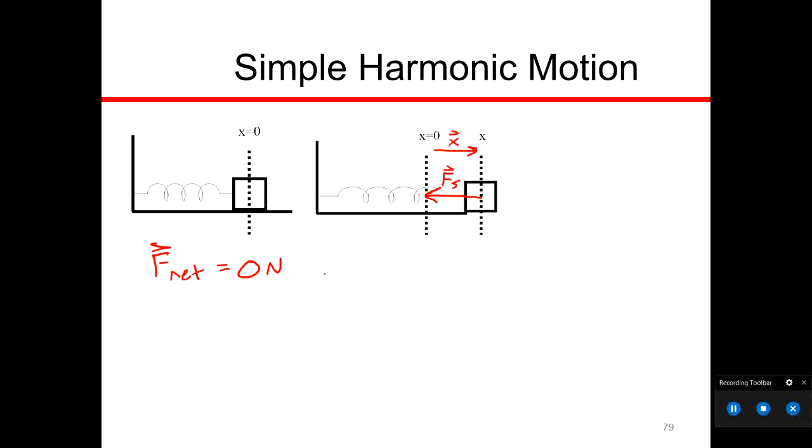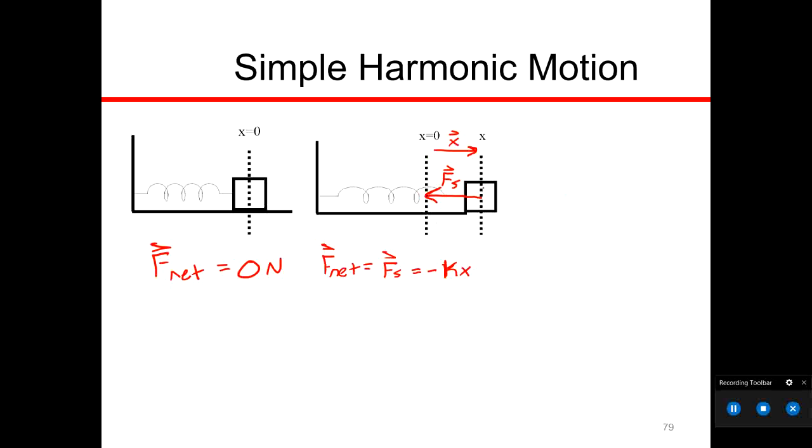So our net force on the system is equal to our spring force. Since we ignore friction, spring force is the only force there is, which is going to be equal to negative kx. Since our x is positive, our spring force will come out as negative. It tries to bring it back to that 0 line.